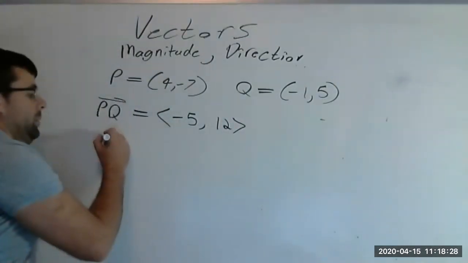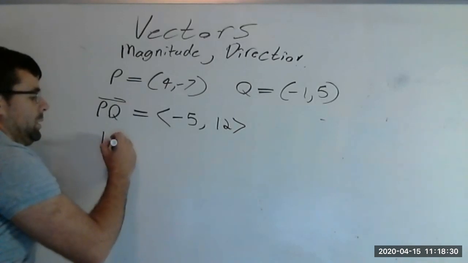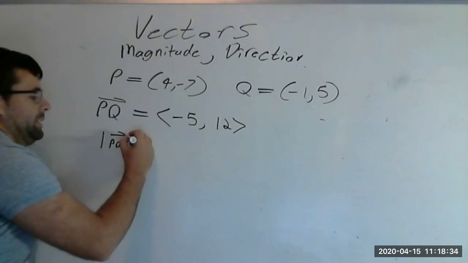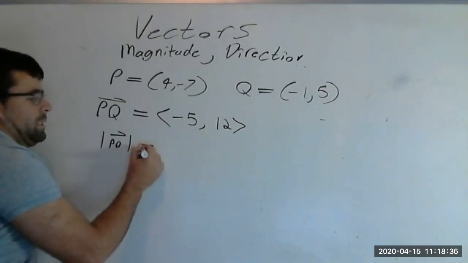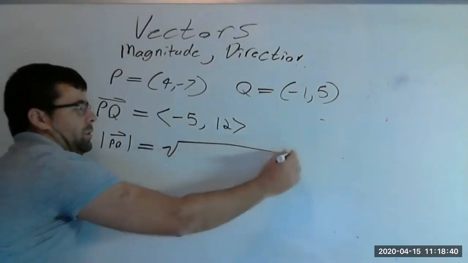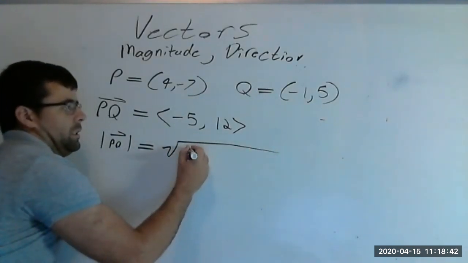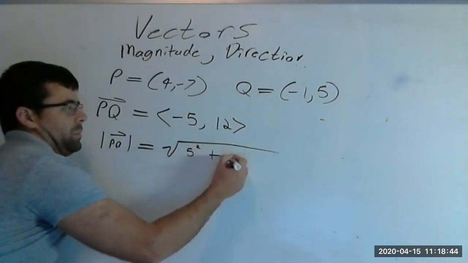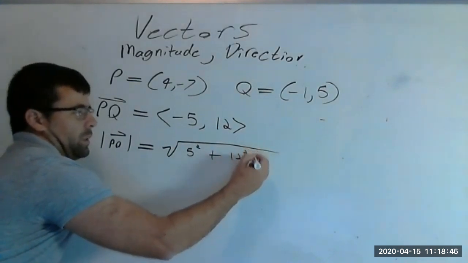So the magnitude, and the way we write it generally looks like this. Yeah, so it's the square root of 5 squared plus 12 squared.